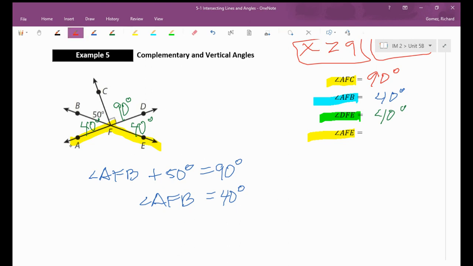It's line AD and line BE, right? So angle AFE is this angle right here. So if you can see, the opposite angle, or the vertical angle to that, would be two angles, 50 plus 90. The 90 degree angle and the 50 degree angle would together be angle AFE. So all you have to do is add 90 plus 50, which gives you 140.